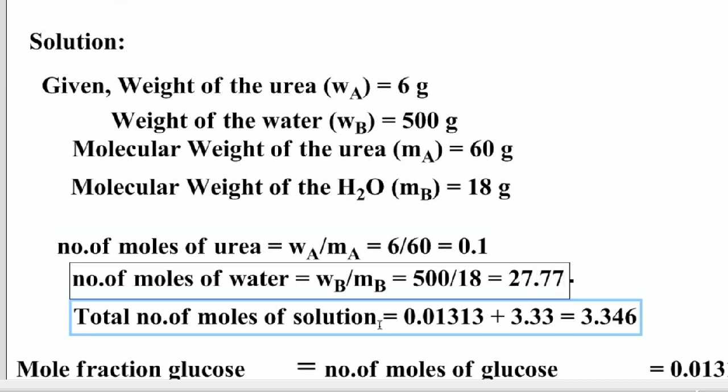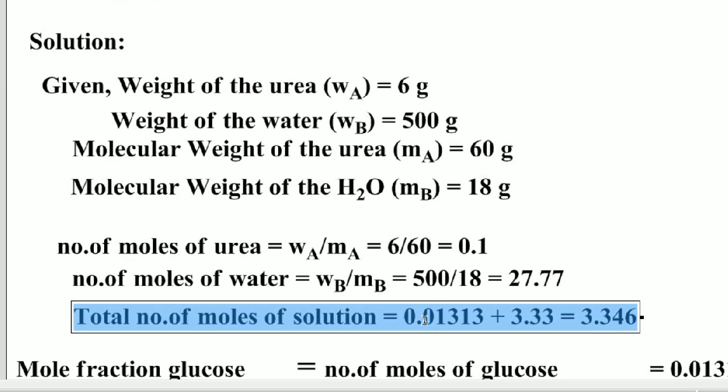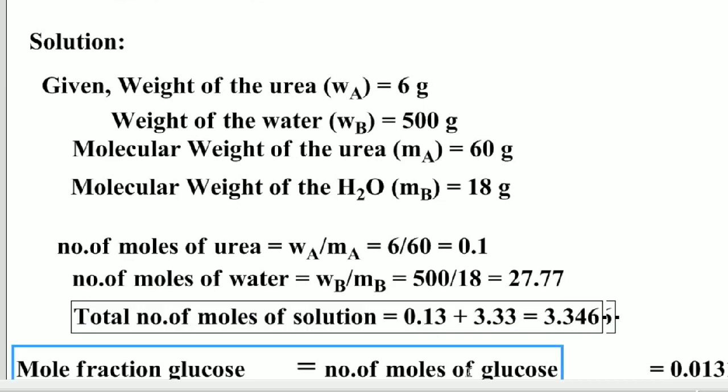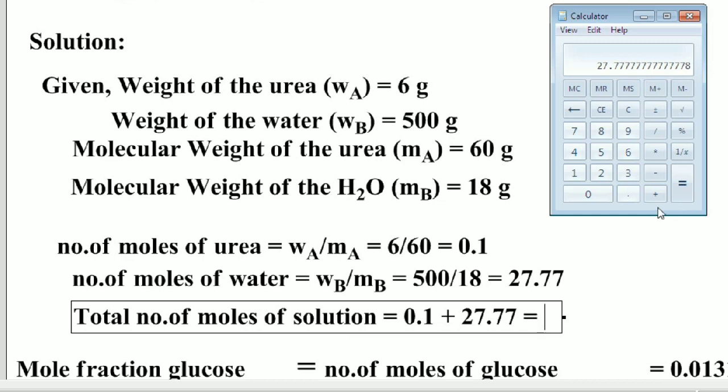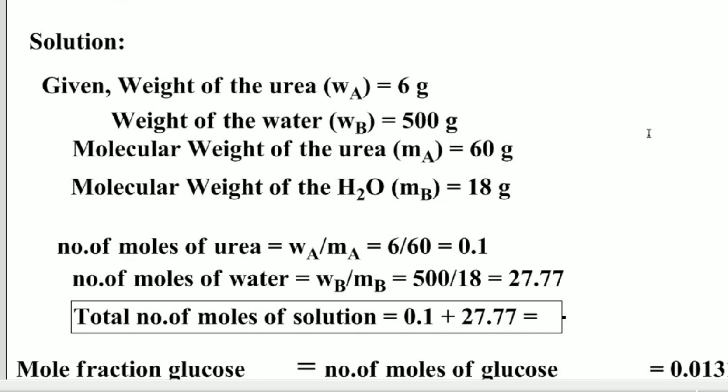Therefore, the total number of moles of solution is equal to 0.1 plus 27.77, that equals 27.87.